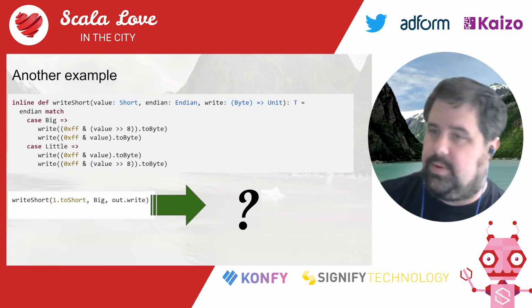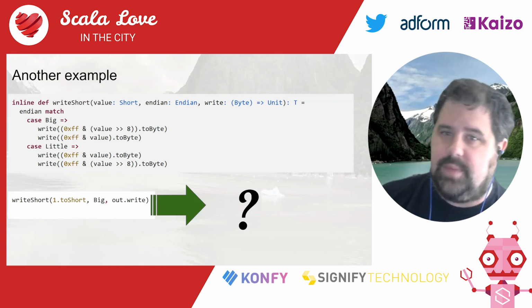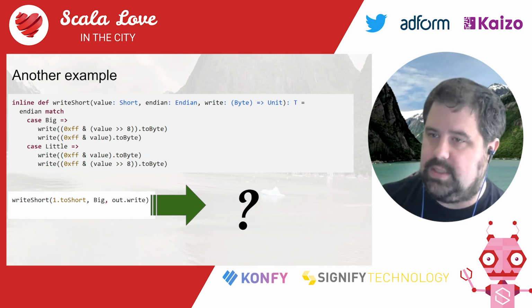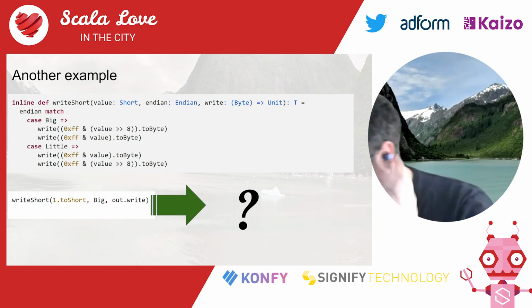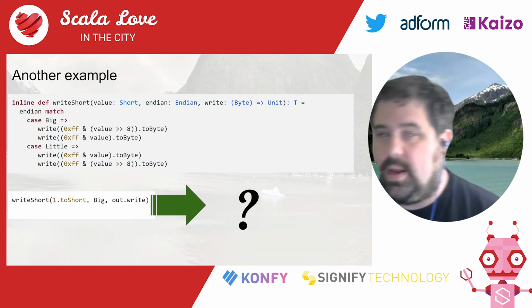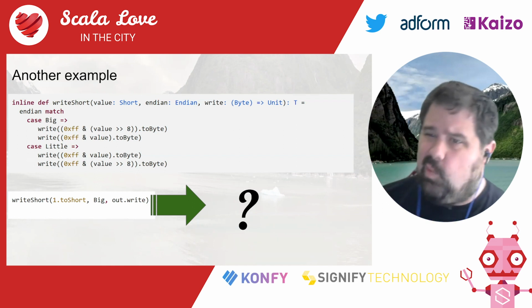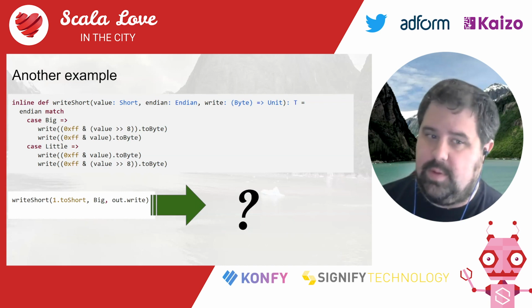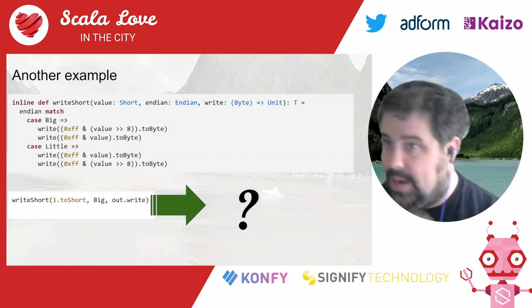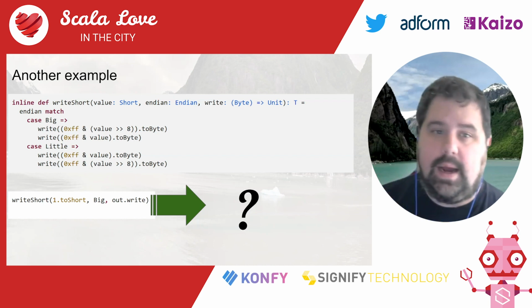Let's go to another example. Let's say I'm trying to make a generic writer method for writing out bits, because everybody does this, right? Who doesn't love writing binary protocols? So I'm going to write out shorts, but I want to allow people to decide if they want big endian or little endian, because that's probably the most useful debate that's ever happened in the course of the internet.